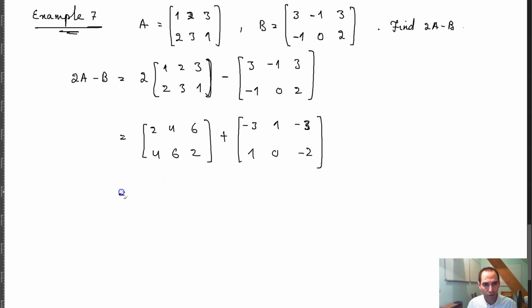Then add these two together: 2 to negative 3, 4 to 1, 6 to negative 3, 4 to 1, 6 to 0, and 2 to negative 2. That would be negative 1, 5, 3, 5, 6, 0. Right?